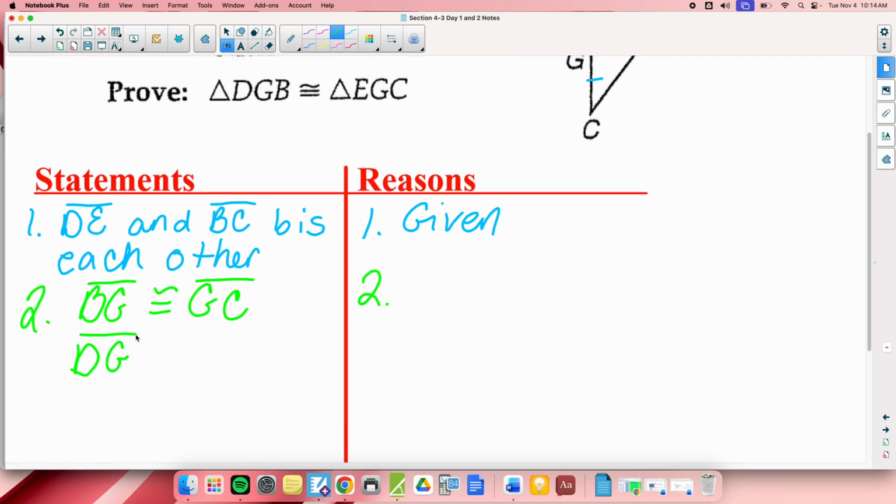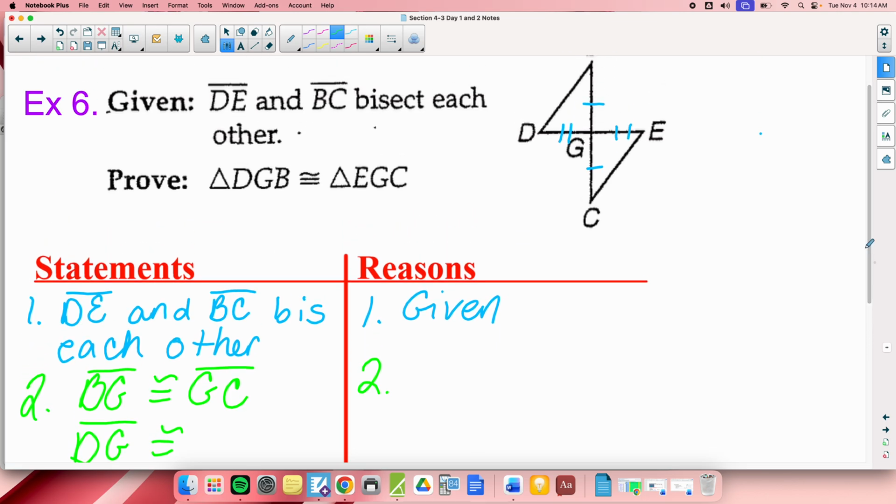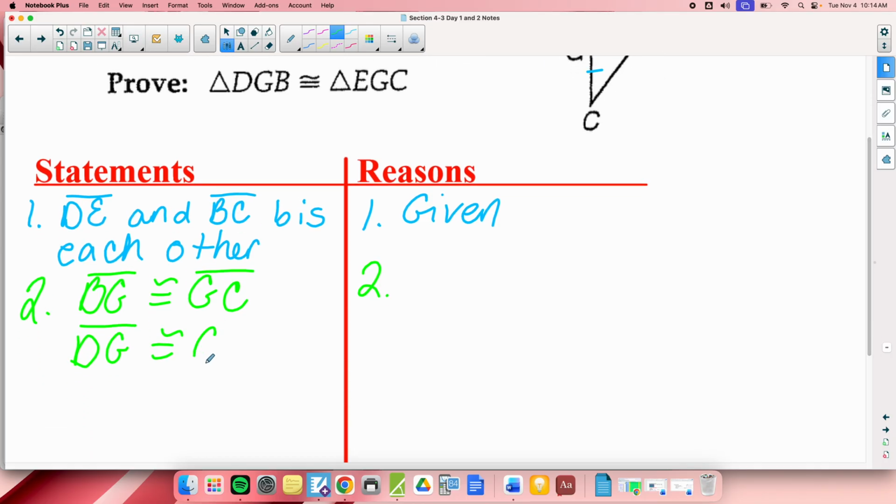DG is congruent then to GE. So those two are also congruent, and that is definition of segment bisector. So whenever you have a segment bisecting another segment, you're going to use definition of segment bisector.